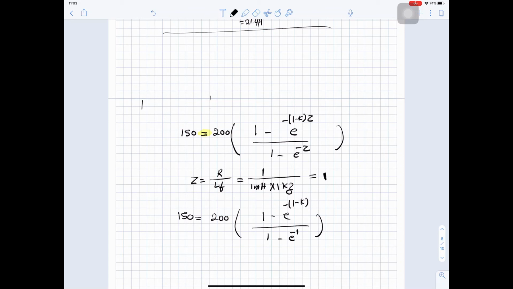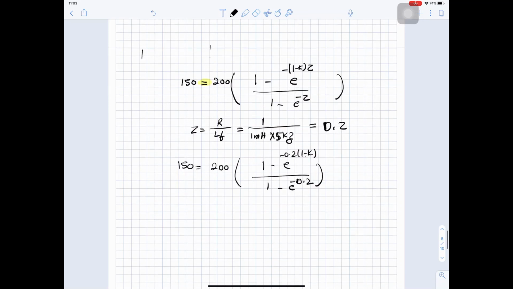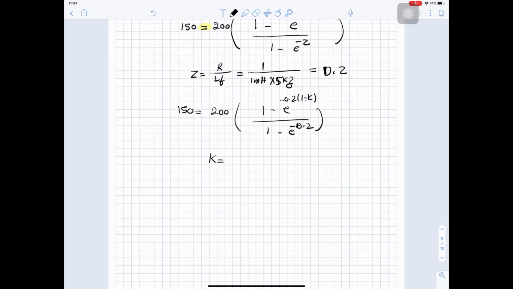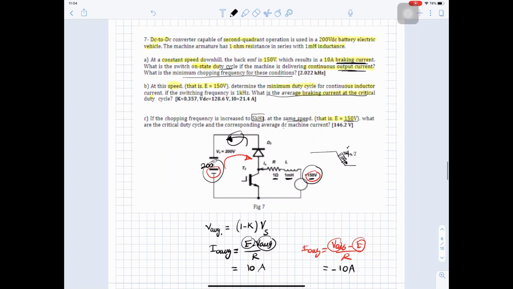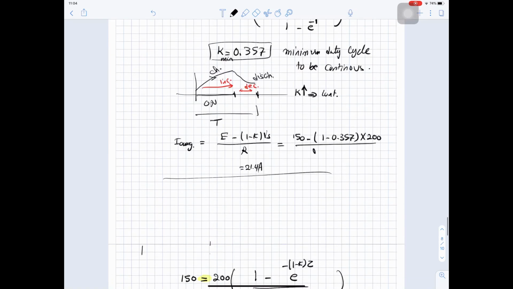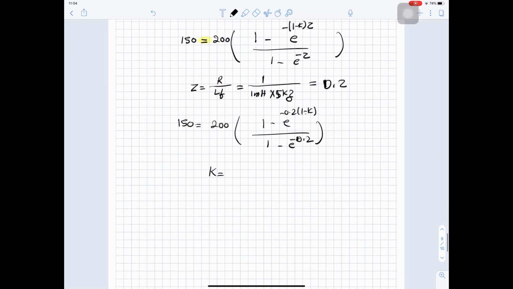So here just the frequency is 5 kHz. So this Z is 0.2. So here it's negative 0.2, negative 0.2 times (1 minus K), divided by negative 0.2. So again, the only unknown here is K. And you can see that K, or the minimum duty cycle, is not a constant value. It depends on the frequency and the other conditions.